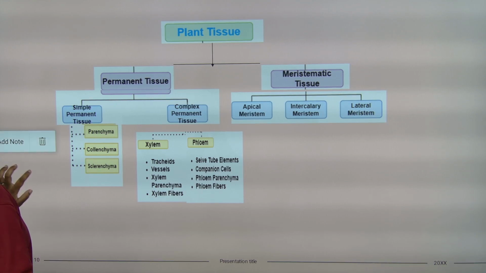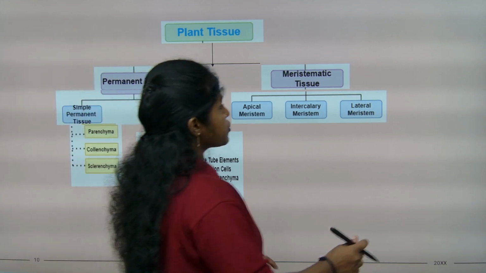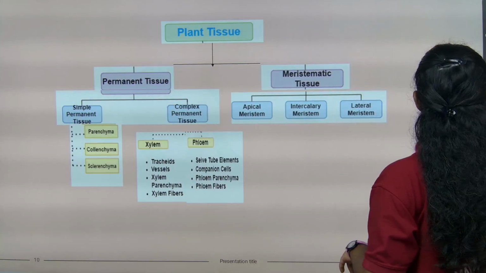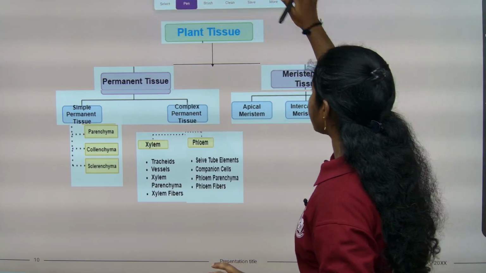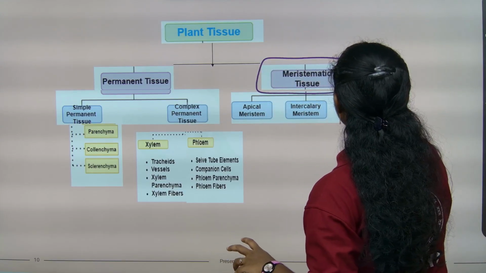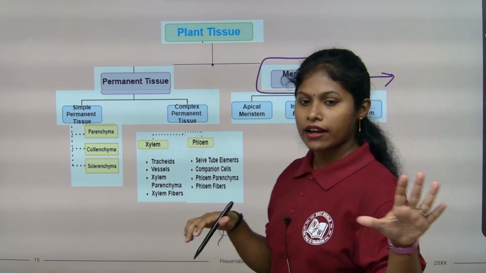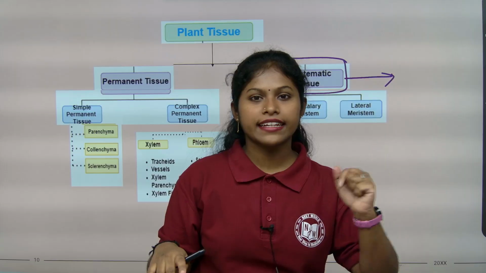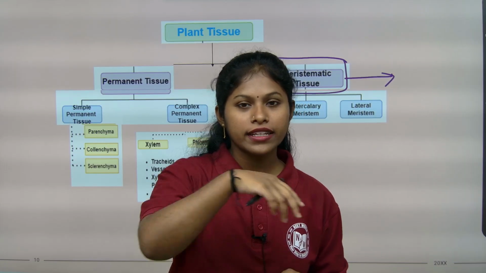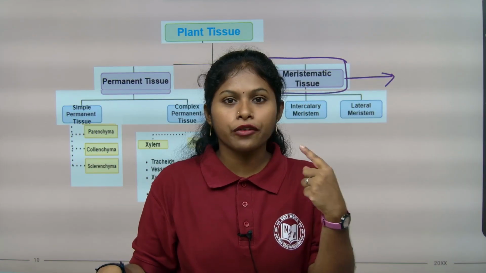So here we go, children. Let's dive into these permanent tissues. Meristematic cells are unspecialized cells. If you have a group of students in the classroom, and I keep one as the class leader, although he is a student, I give him one special role, right?